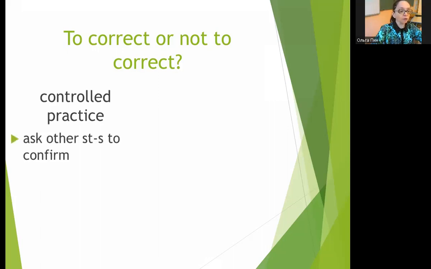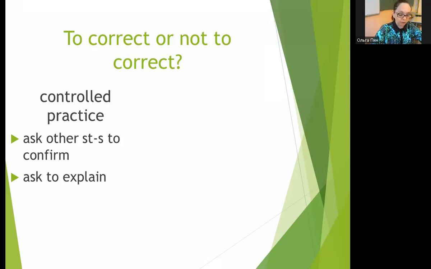But I usually either ask other students in the class to confirm, or ask the student to explain the choice, to explain why.